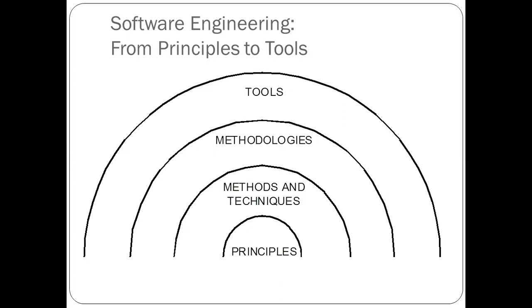Once we have knowledge of separation of concerns, modularity, abstraction, anticipation of change, generality, incremental development, and consistency, we proceed towards the methods and techniques, then methodologies, and after that the tools.